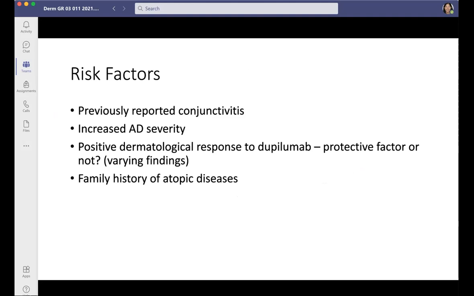Some of the trials showed that if they did have a positive dermatological response, they'd be less likely to have the ocular side effects. Other studies showed that it didn't make a difference, or even that those who had a positive response in their skin findings actually did worse with their eye findings. So it's a little bit up in the air. And then a family history of atopic disease seems to increase your risk as well.